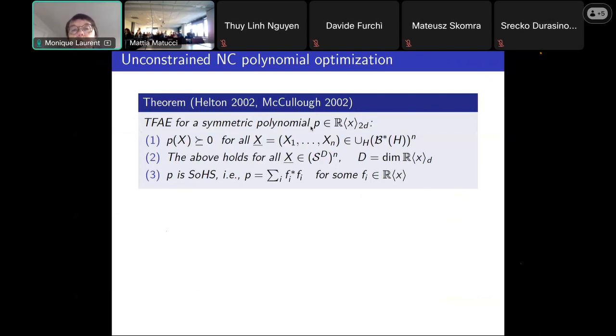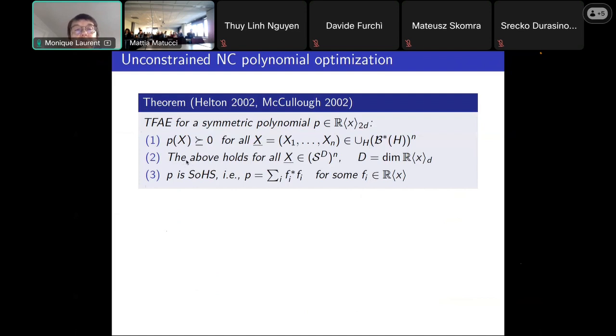Suppose we have a polynomial p which is symmetric of degree 2d. Then the following three things are equivalent. The first says that if you evaluate p at an operator tuple, then you get a positive element. Here the xi are Hermitian bounded operators, and you allow any Hilbert space. This is the widest thing you can do.